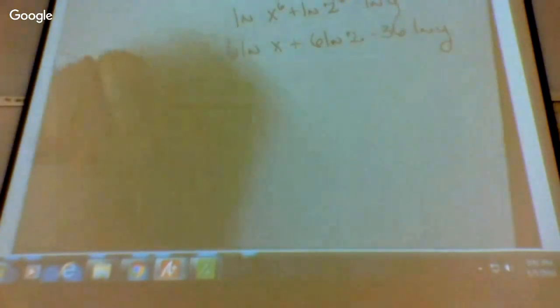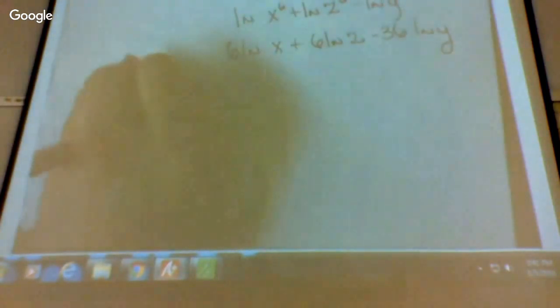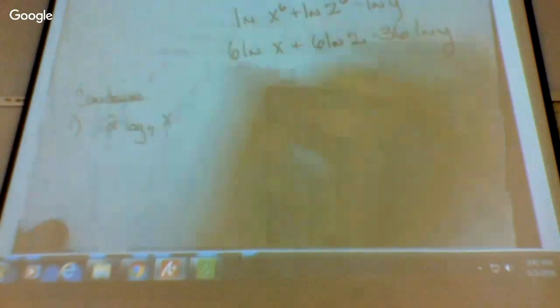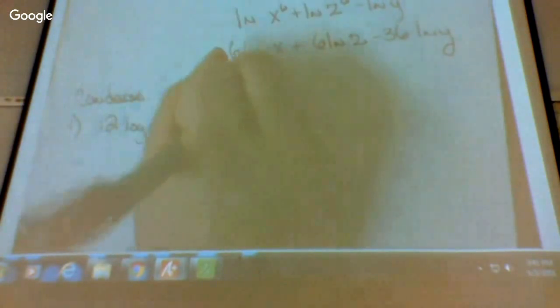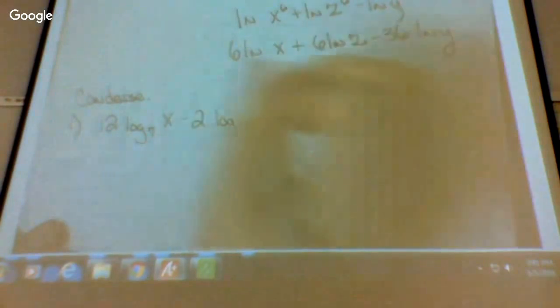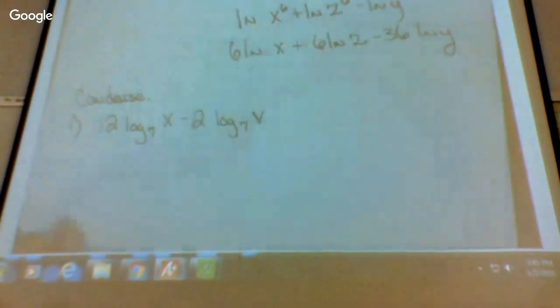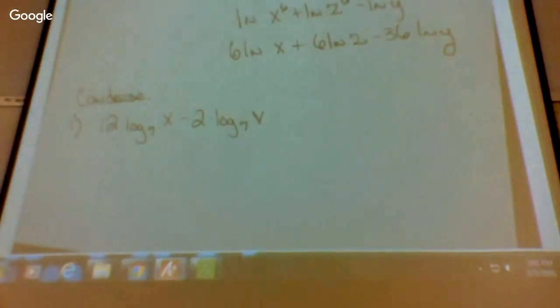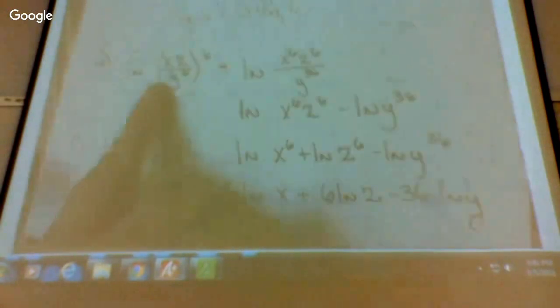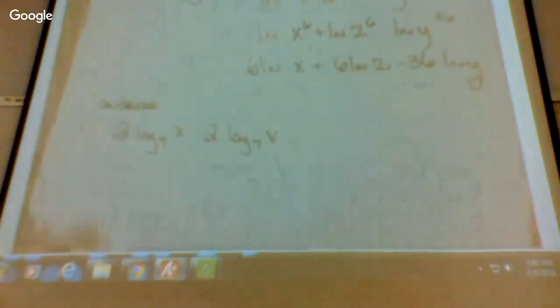Okay, so we have 12 log base 7 of x minus 2 log base 7 of v. You're working backwards. You're going from this, and then you're going to that.